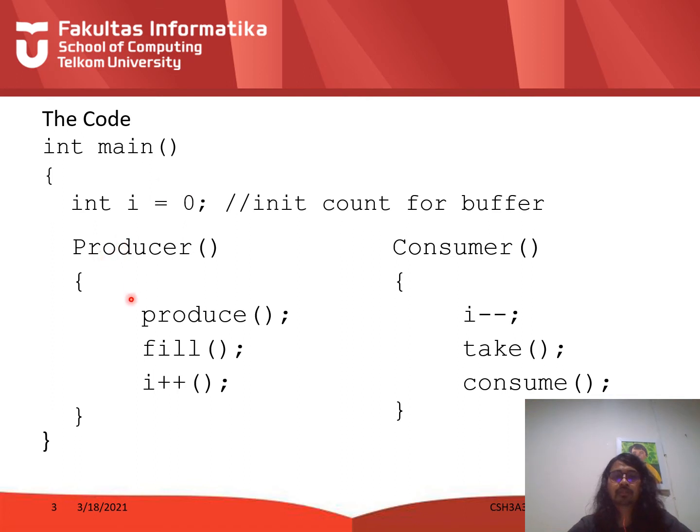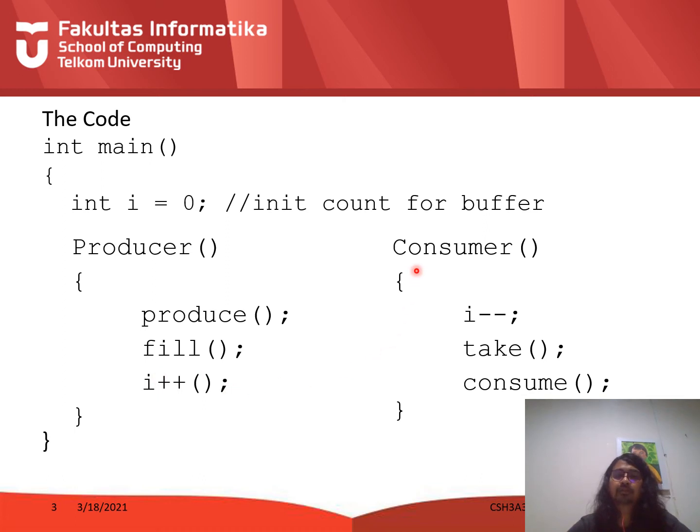So here producer produces a number, data, for example, a number, and then it fills the buffer, and when the buffer is filled, the I is incremented. It means that when the producer produces again, it will fill the next member of the buffer.